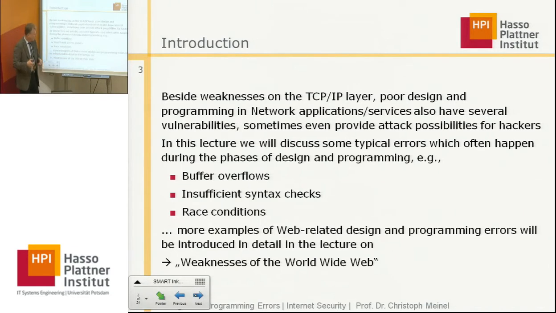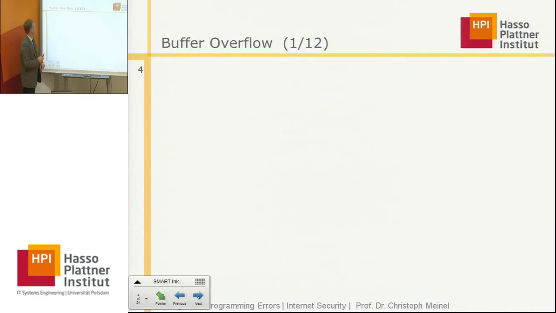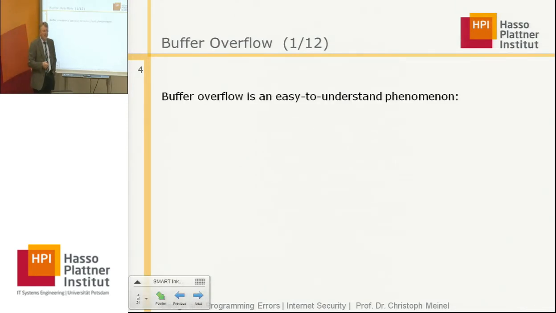We have two extra lectures about weaknesses of the World Wide Web. So more of these design errors we will discuss later in two other sections. So let's start with having a look at the really dangerous attack of so-called buffer overflow.